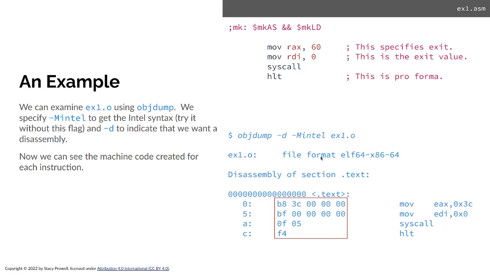It'll tell us first, it recognizes the file format. Objdump can examine a lot of different object file formats, so the first thing it has to do is figure out what we are giving it. And it figures out this is a file that's formatted in ELF64. That's the container format. For x86-64, that's the processor.